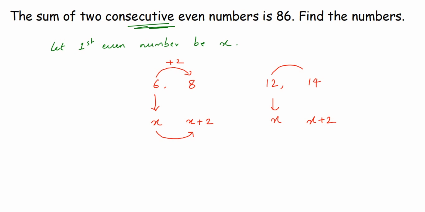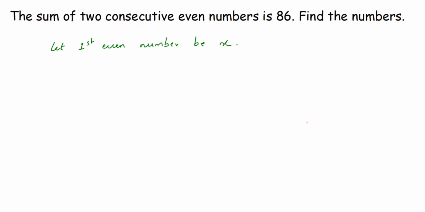If my first number is x, then the next consecutive even number will be x plus 2. I'm using this example just to explain it to you, it's not necessary. Sorry for my handwriting. So the consecutive even number will be x plus 2.